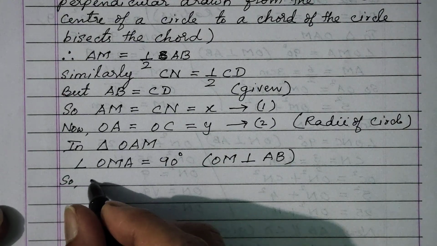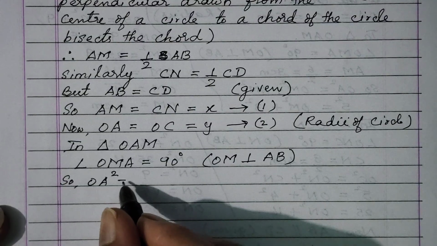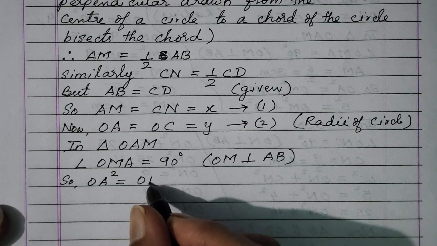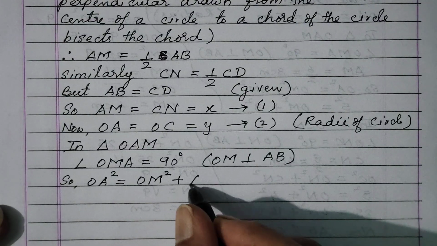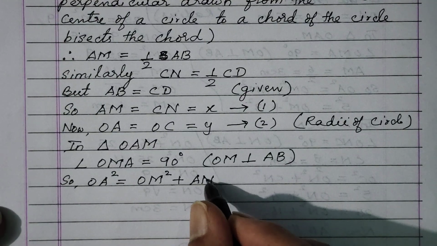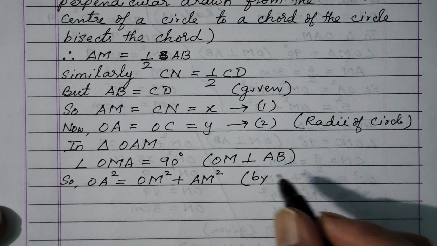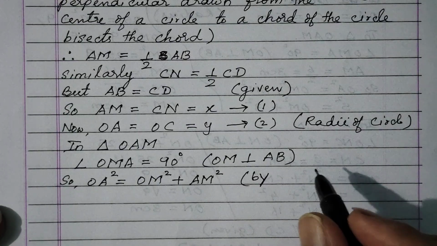OA square will be equal to OM square plus AM square by Baudhayana Pythagoras theorem.